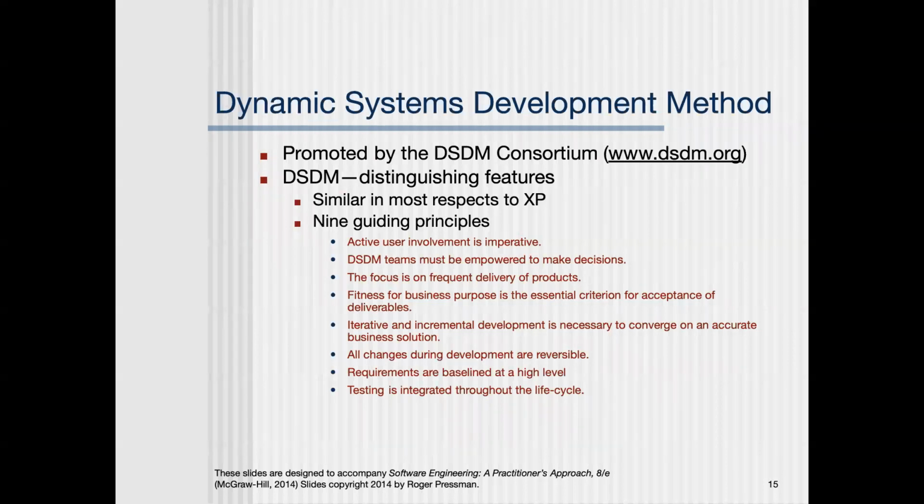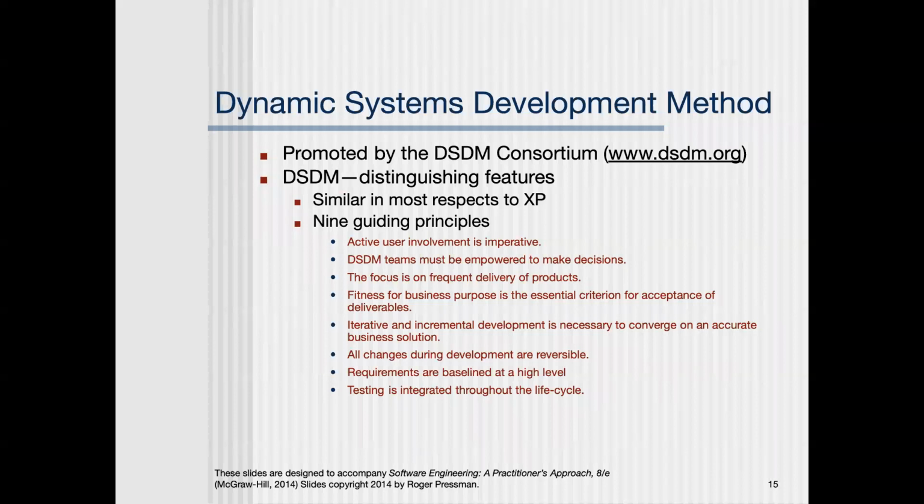So another method here is the dynamic system development method, the DSDM. Okay. There's a whole consortium to work on this, as there often are. It's similar in many ways to extreme programming, and here are their guiding principles. Again, we're seeing the same kind of deal. We're seeing that the teams are making their own decisions, which is important. They have the frequent delivery of products, all of that stuff.